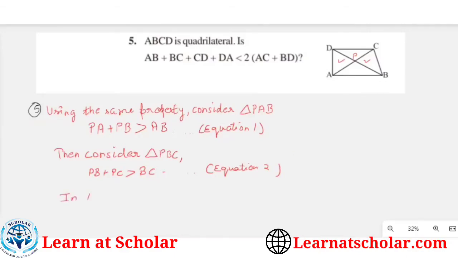Now consider the third triangle. In triangle PDA, PD plus PA is greater than DA. This is equation 3.